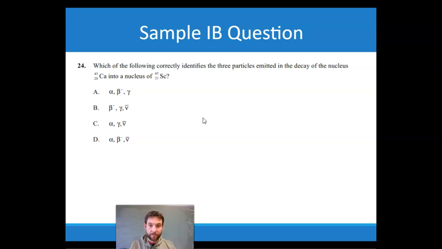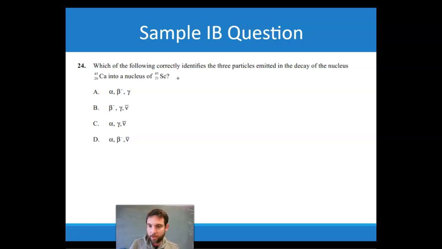Sample question. Try it out. This is an IB question. Three particles emitted in the decay of nucleus 45,20 calcium into SC, whatever that is, right? Because you don't need to know.